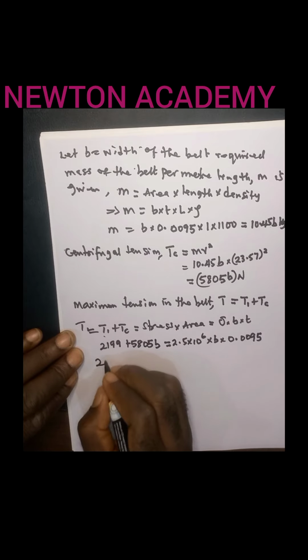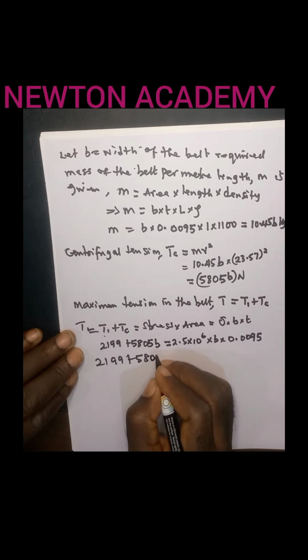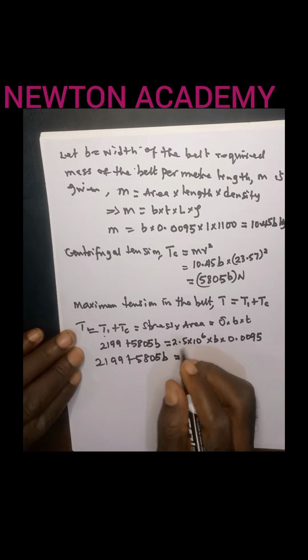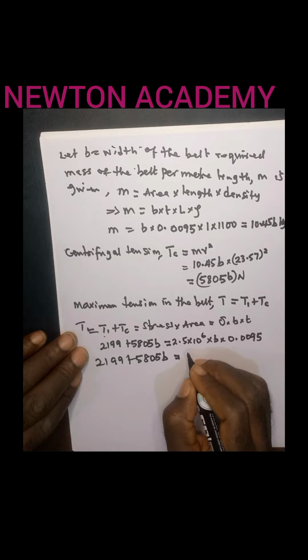Then we have 2199 plus 5805 B is equal to, when we multiply this, 23,750 B.